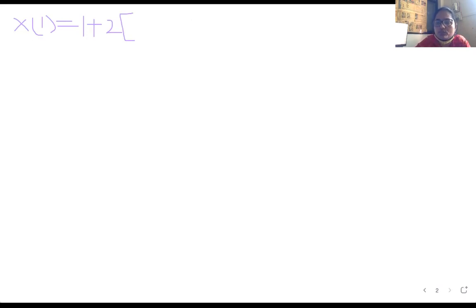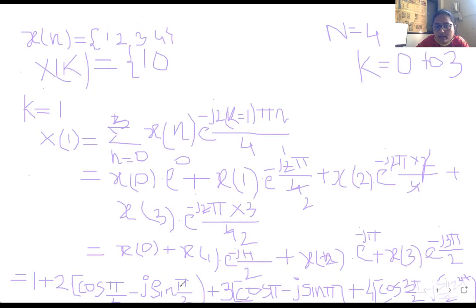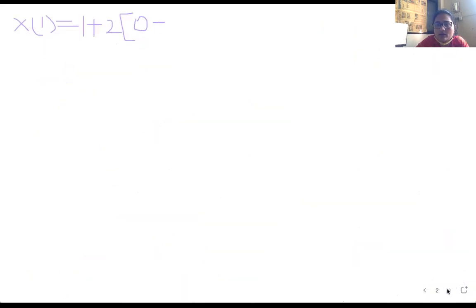So we will substitute the value here. Cos pi by 2 is 0. So this is going to be 0, and in between there is a minus sign, so minus j sin pi by 2. So here, minus j, what is the value of sin pi by 2?